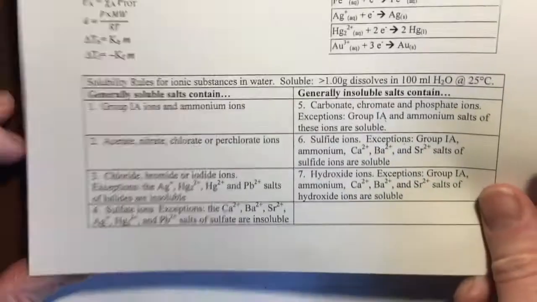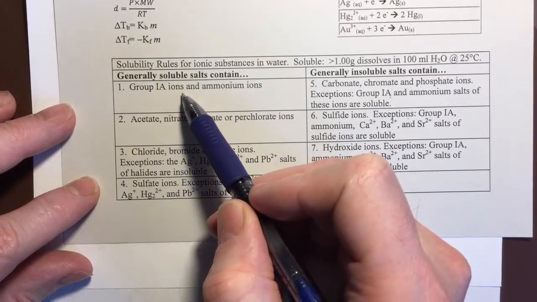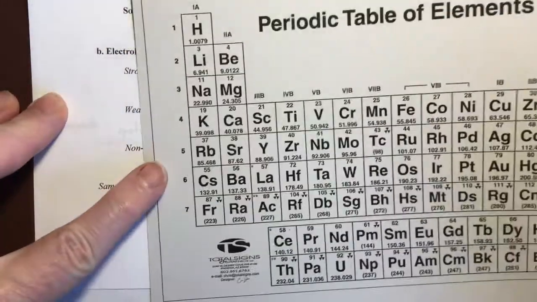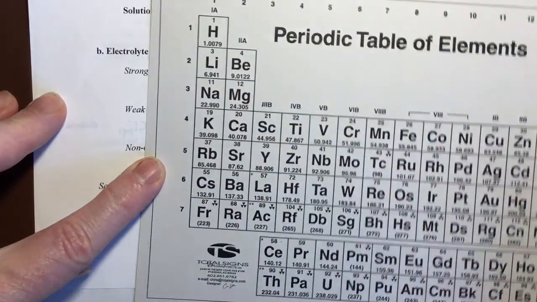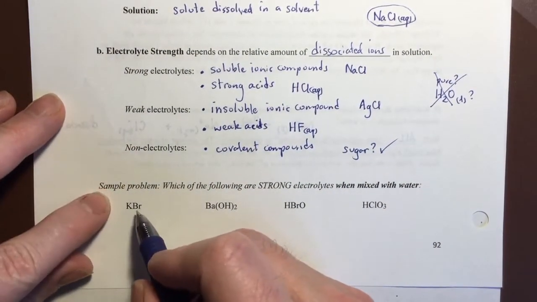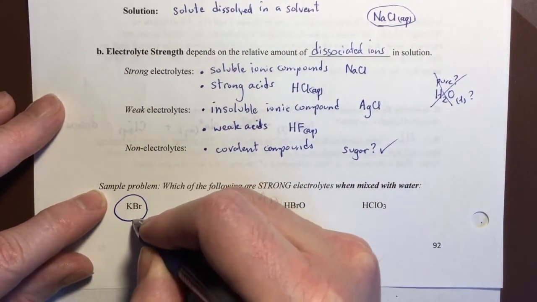Taking a look at my solubility rules, there it is, group 1A ions are generally soluble. And just so that you see it, group 1A ions do include potassium right there. So potassium bromide is soluble. If it's a soluble ionic compound, then it's going to be a strong electrolyte.